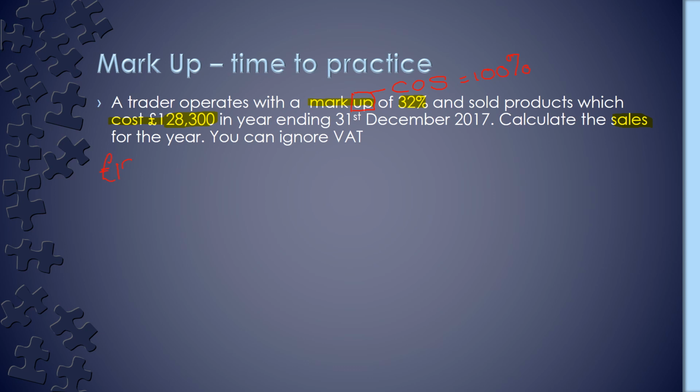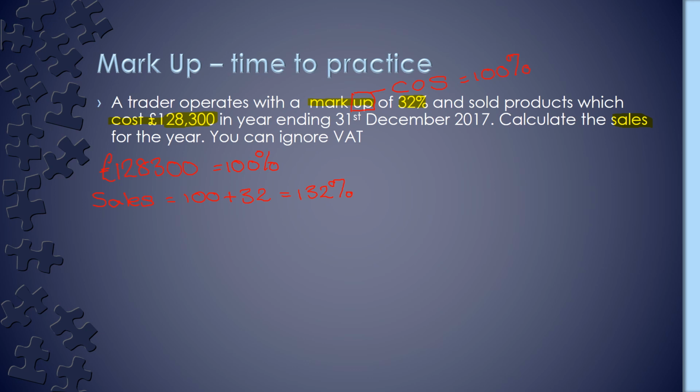So 128,300 equals 100%. Our sales value, therefore, must equal 100% plus 32, which is our markup percentage. So our sales value is going to be 132% of our cost of sales.